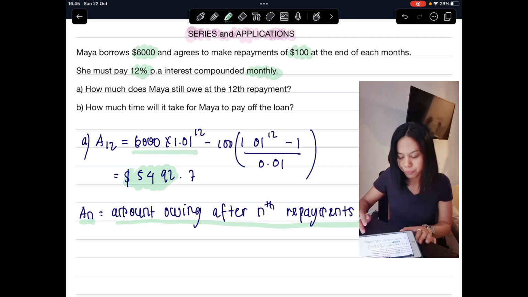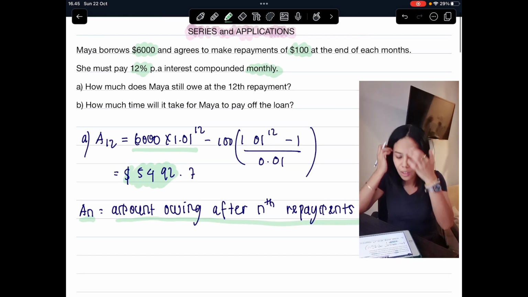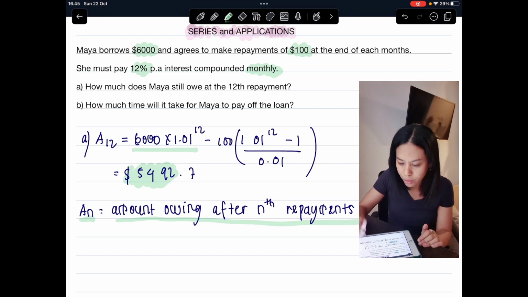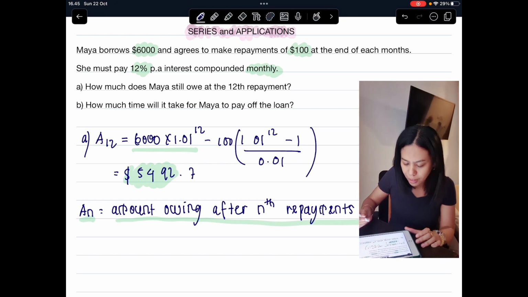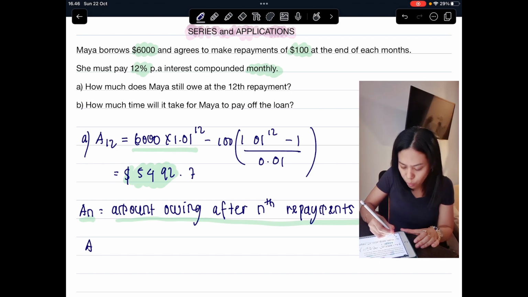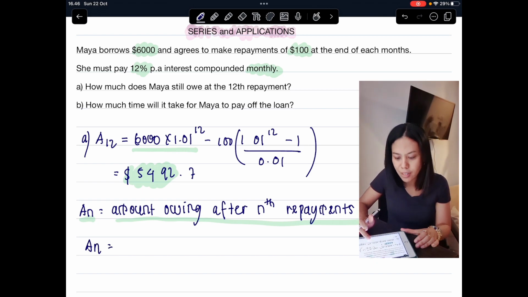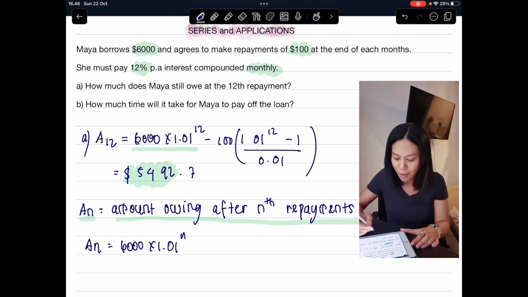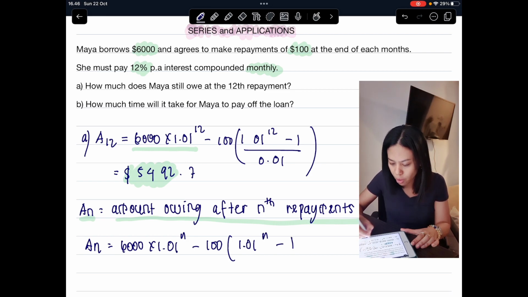Alrighty, so let's do it. The amount owing after the nth repayment is 6,000 times 1.01 to the power of n, minus 100 times, in brackets, (1.01 to the power of n minus 1) over 0.01.